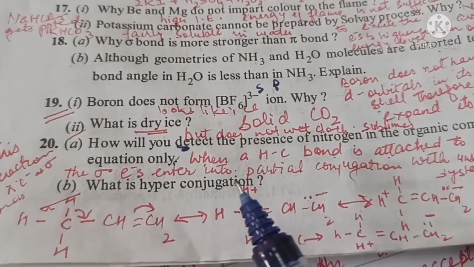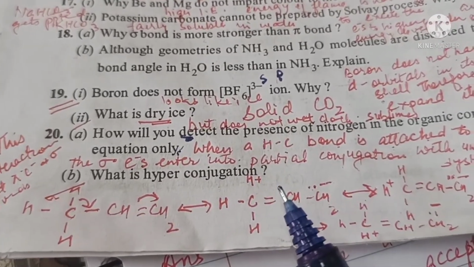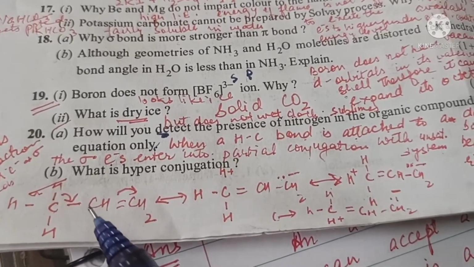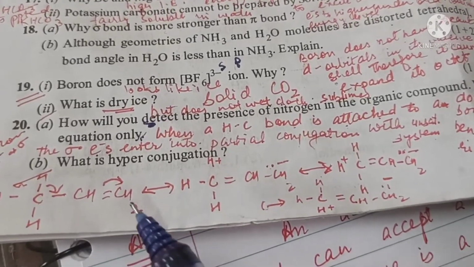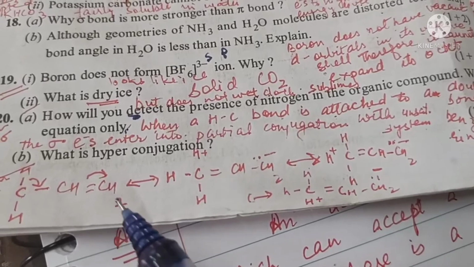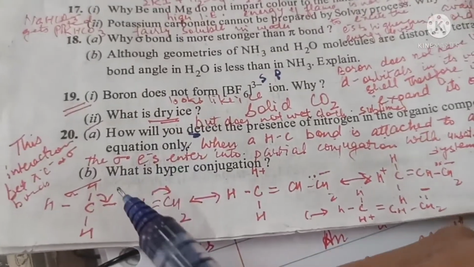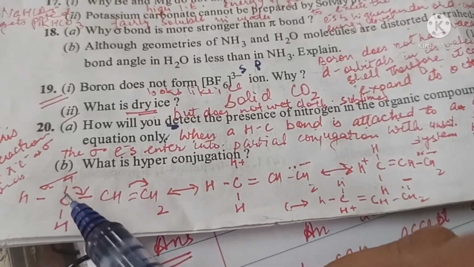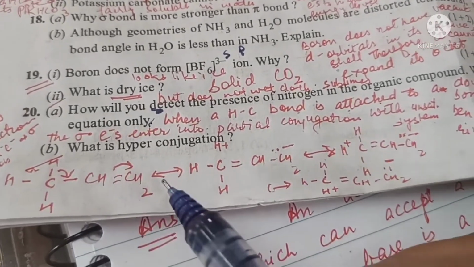What is hyperconjugation? When a hydrogen-carbon bond is attached to a doubly bonded carbon atom or a benzene ring, the sigma electrons of the sigma bond enter into partial conjugation.